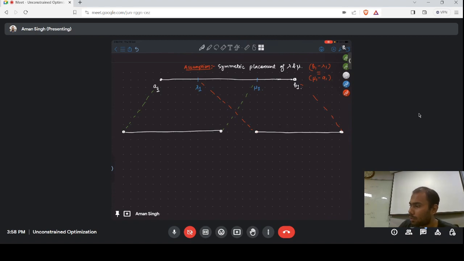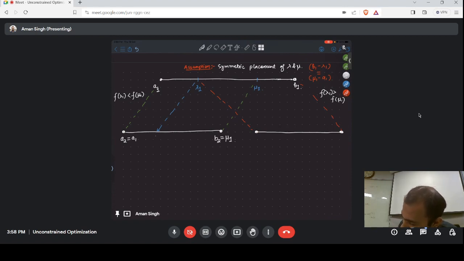Okay, so we'll call the new a2, which is a1. So if this condition is true, which means f of lambda 1 is less than f of mu 1, then this will happen, and if f of lambda 1 is greater than f of mu 1, then this will happen. So here a2 will become a1, b2 will become mu 1, correct?